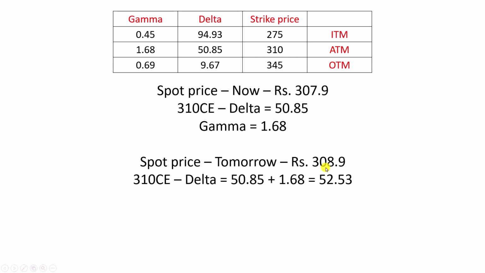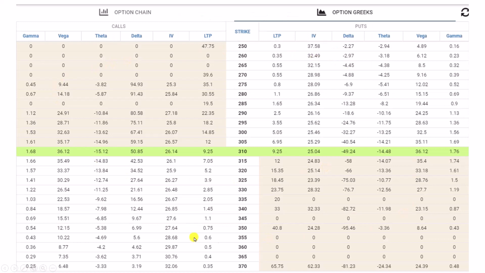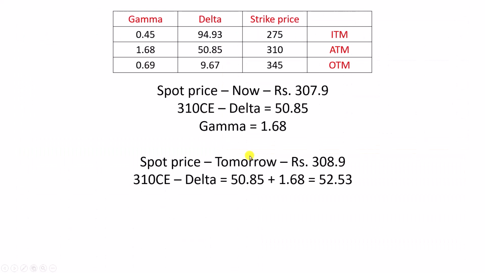I told you that all the details change when the underlying asset's price moves up and down. So the value of delta should also change. How much does it change? That is defined by gamma. So gamma value is 1.68. So 50.85 plus 1.68 is 52.53, and this will be the new delta value tomorrow.